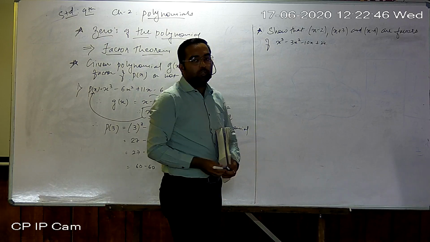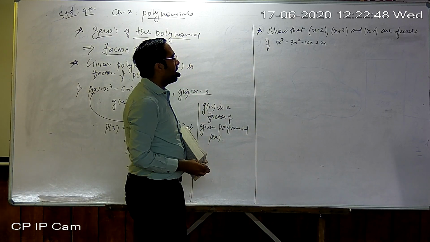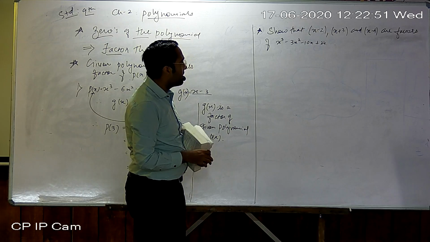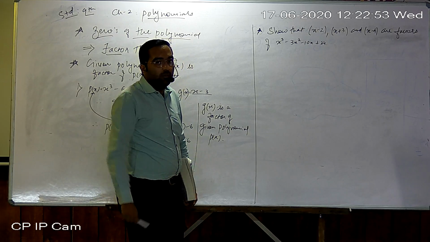In the question we have to show that the given three polynomials are factors of p of x.